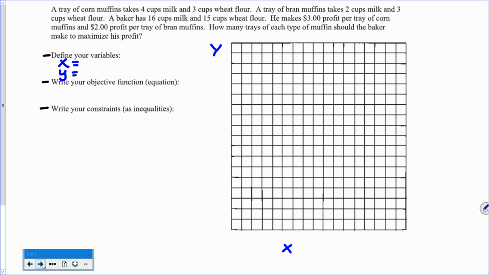Okay, so we need to take a look at what the question's asking us to find. Kind of ignore everything for a second and just jump to the question. It says, how many trays of each type of muffin should the baker make to maximize his profit? That's always going to clue us in to the things that we don't know, and those are represented by your variables. We know all about cups of milk and wheat flour, so that's not going to be our variables.